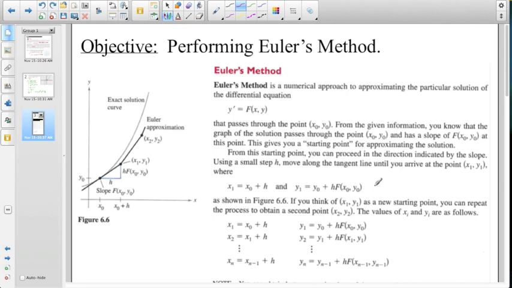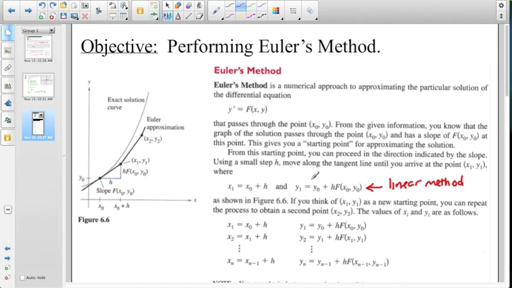As we assign values for x, we use a linear method to approximate the next value for y, based on the step h. The step h is determined to be small enough so that this tangent line doesn't deviate too far from the actual function.